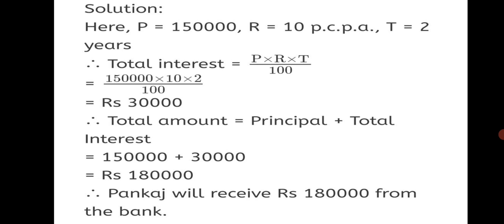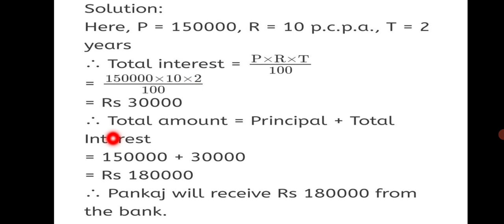Therefore, total interest is equal to P into R into T upon 100, which is 1,50,000 into 10 into 2 upon 100. You have substituted the values. Once you substitute the values of P, R, T here, you will do the calculation. Reduce the number of zeros. You will get answer 30,000. 30,000 is our interest and we have to find the total amount.